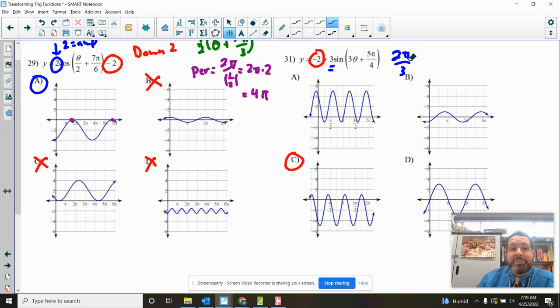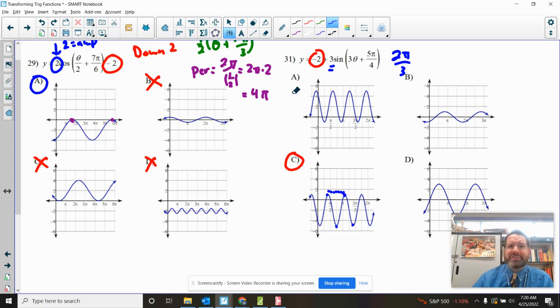But what I know is 2 pi over 3 should be a little bit less than 1 pi, right? So from peak to peak, or from dip to dip, that distance there is something like that. Well, I mean, as I look here from 0 to pi, yeah, that looks to be about 2/3 of that distance. So I can trust there that that seems reasonable in this case.